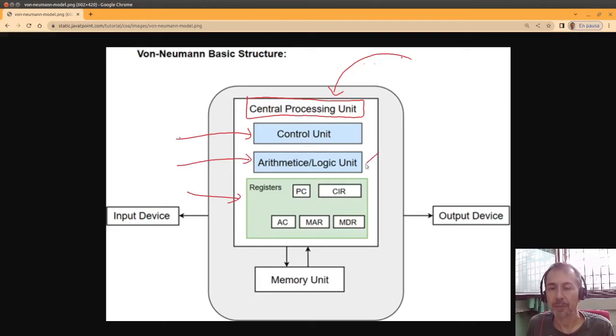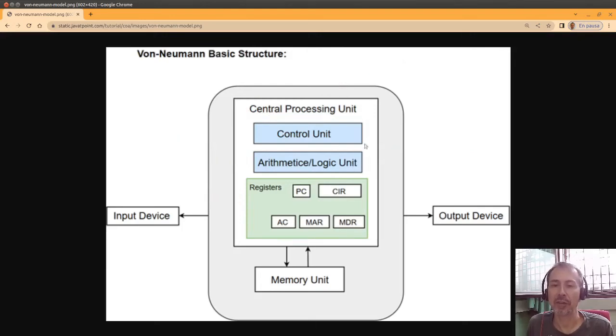This part was the one that computes arithmetic and logic operations. For example, if you needed to add two numbers, you needed to pass those numbers to the arithmetic logic unit. If you wanted to do, I don't know, an XOR of two numbers, you need to make those numbers accessible here.